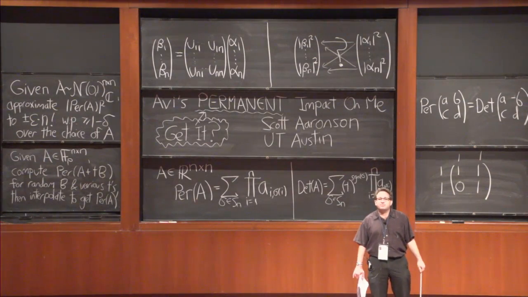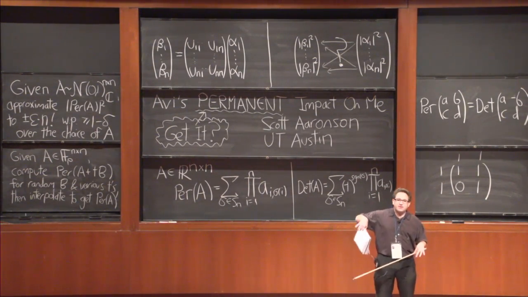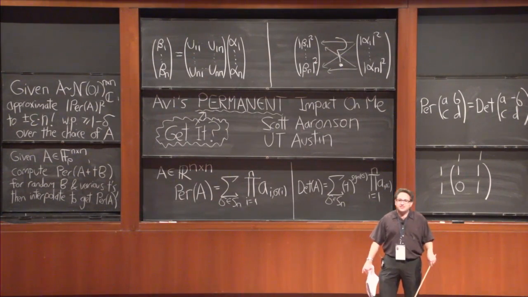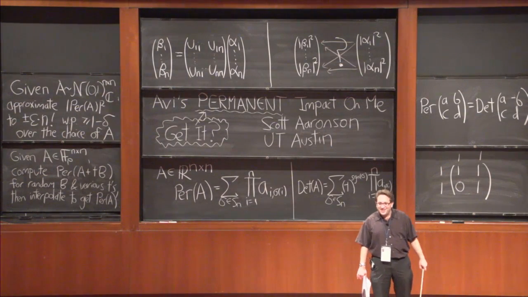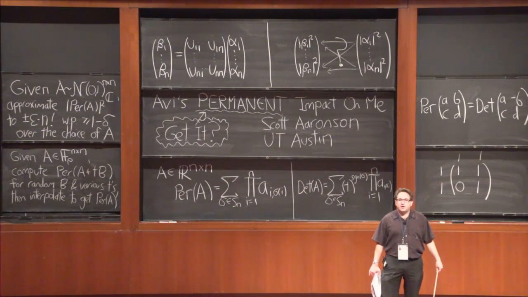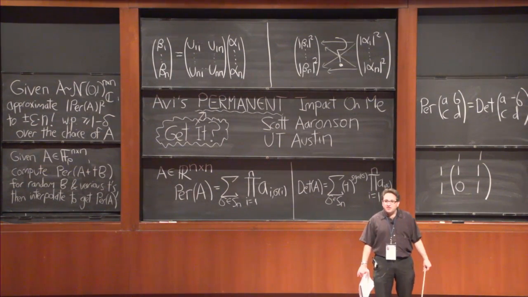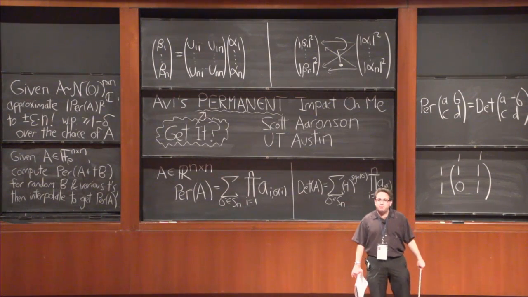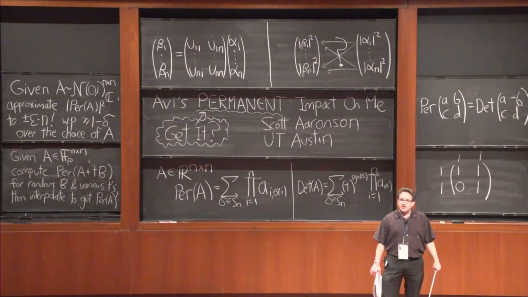You have to repeatedly construct an augmenting path, take it away, change the graph. It's a little bit annoying to code up. But then Avi said, no, actually, if all you want to know is that perfect matching is in P, there is a ridiculously simpler algorithm that will do that.